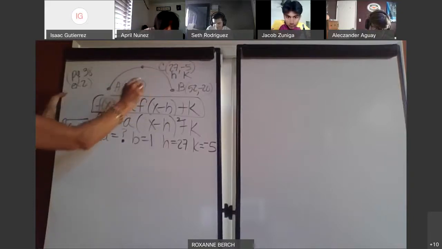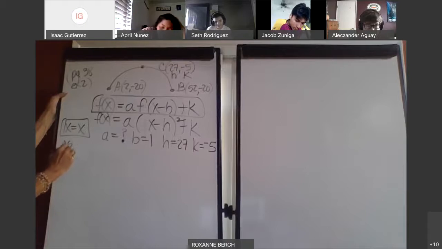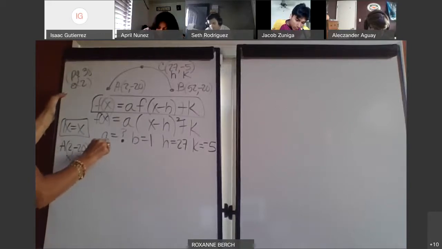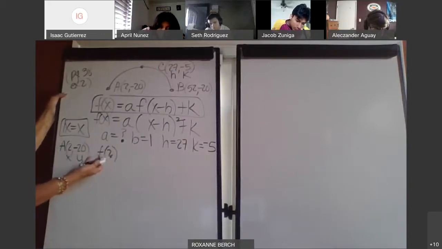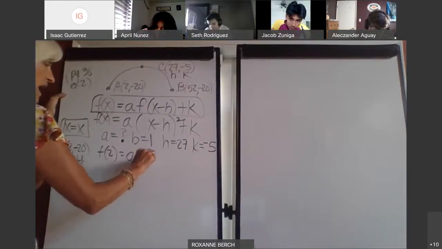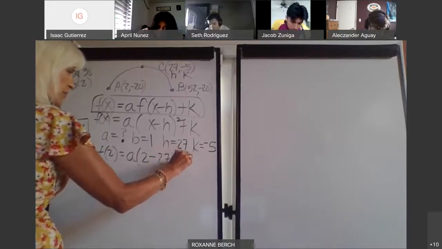Don't pick the vertex. I'm going to pick this one because it's easier. So I'm going to pick right 2 down 20, and that's going to be my x, y. So I'm going to evaluate the function at x equals 2. That means wherever I see an x, I'm going to put a 2. There's your h. There's your k.